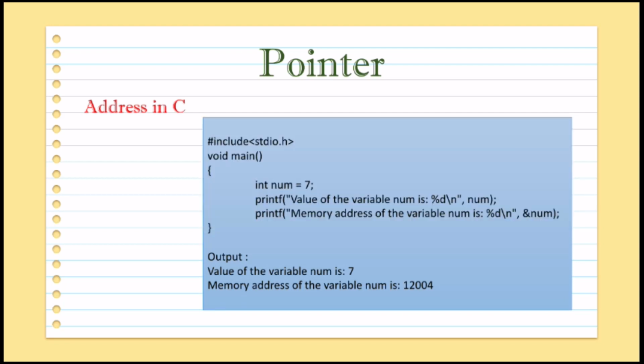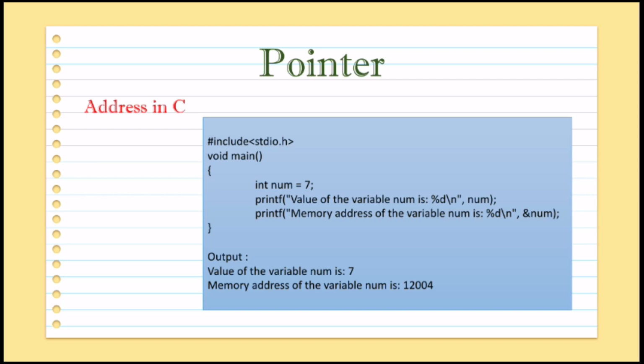So in this given program, first we have initialized value to the variable num, that is 7. So in next line we are printing the value stored in num. So our first output will be 7.